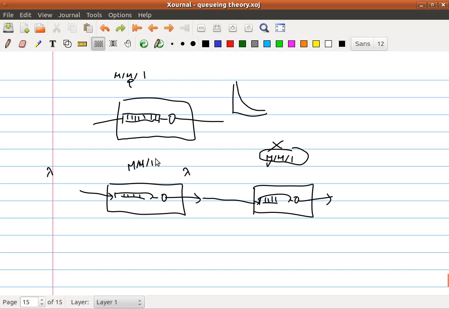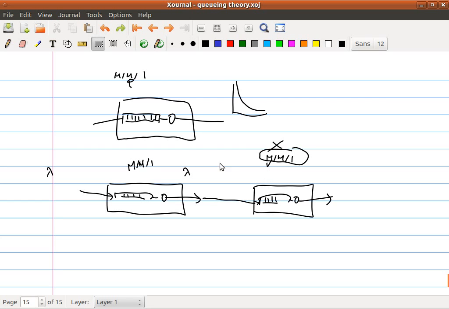Therefore, the departure statistics of the original system will also be Poisson with rate lambda.